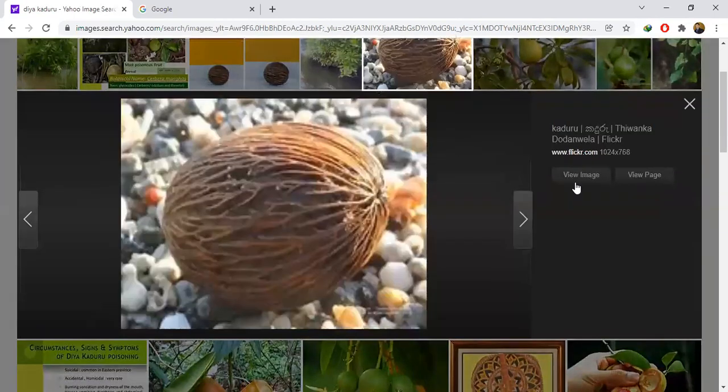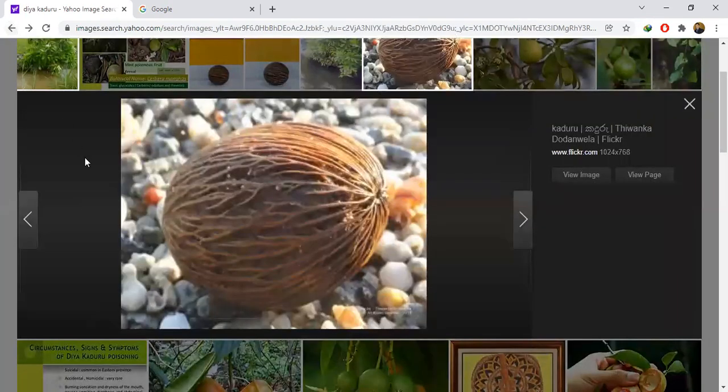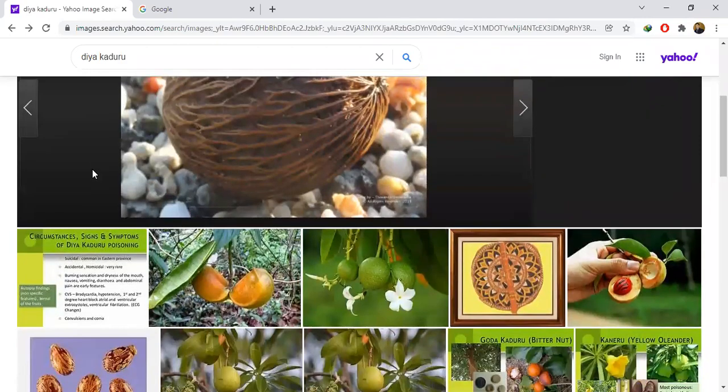You can see here, this is Diyakaduru. You can notice this Diyakaduru especially in the coastal region.